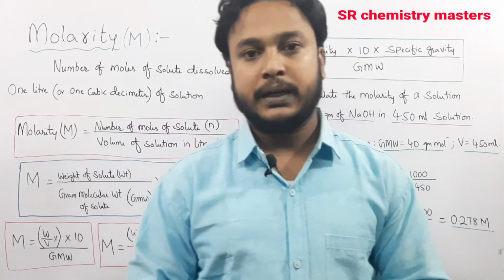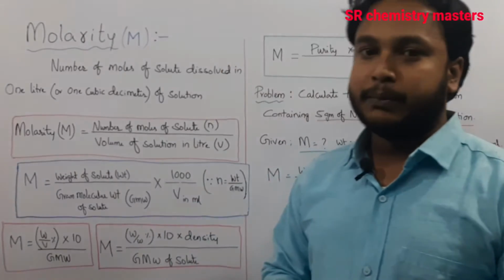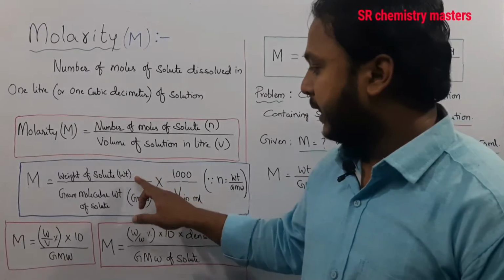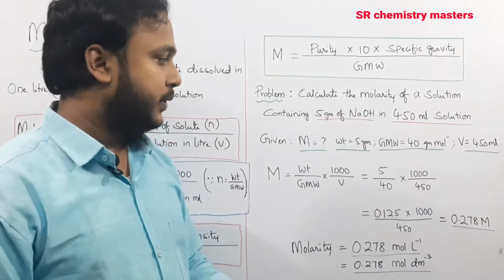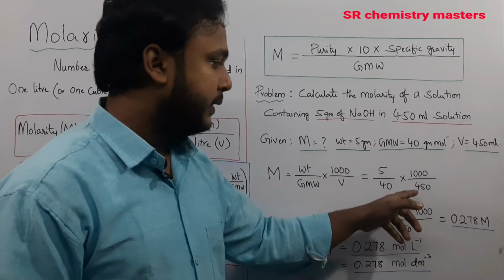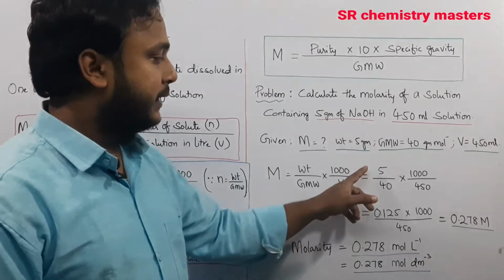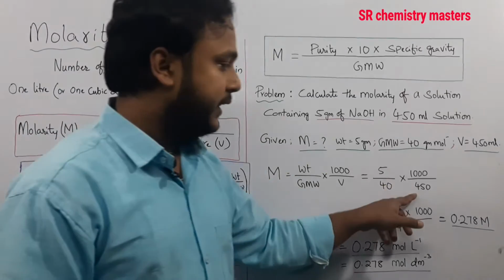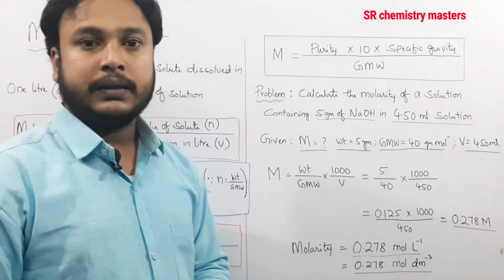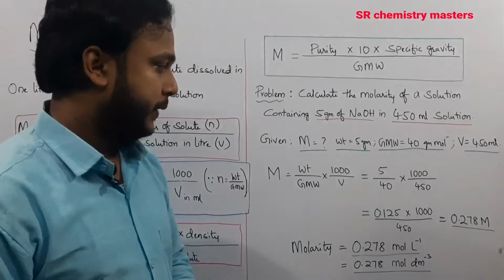The formula which we are going to use for finding the molarity is weight by gram molecular weight into 1000 by V. When you substitute the values, you are going to get 5 by 40 into 1000 by 450. Here 5 is the weight of the NaOH, 40 is the gram molecular weight of NaOH, 450 is the volume of the solution in ml.